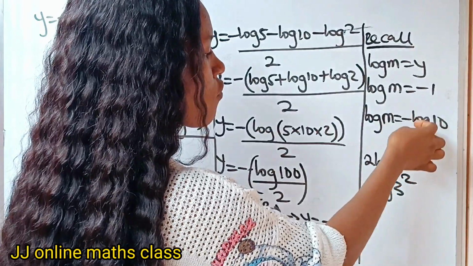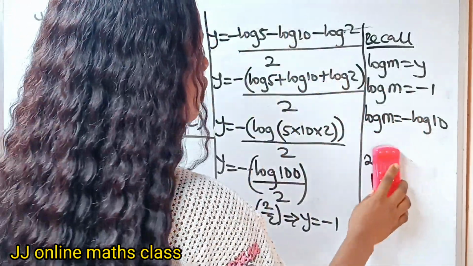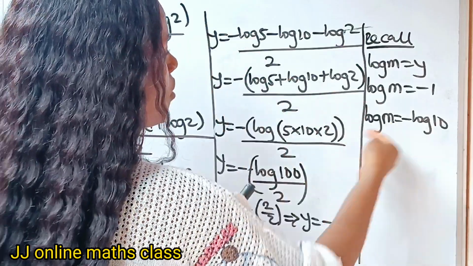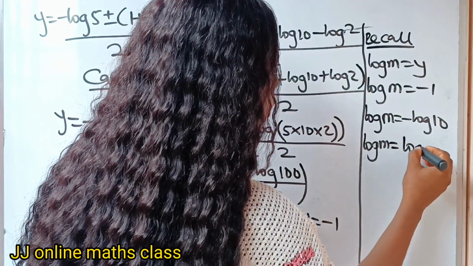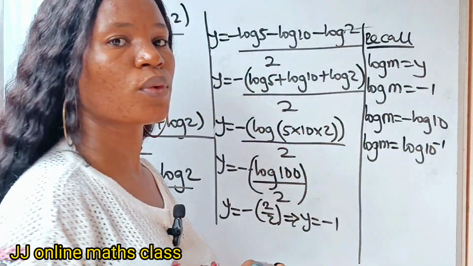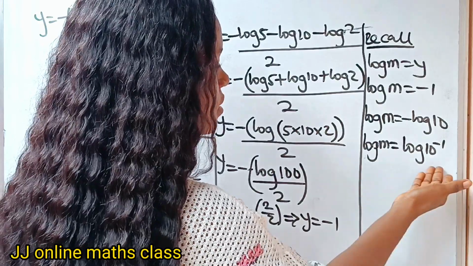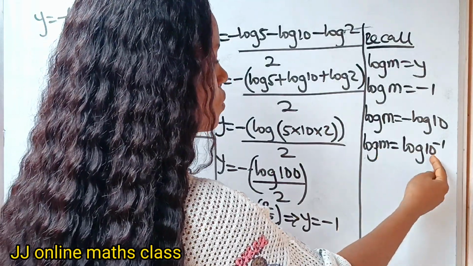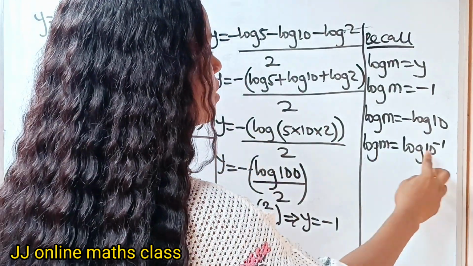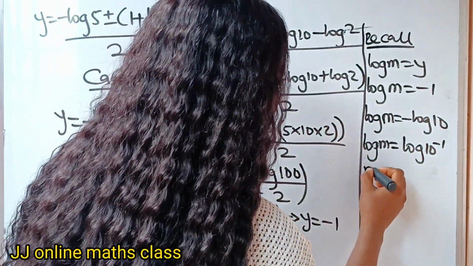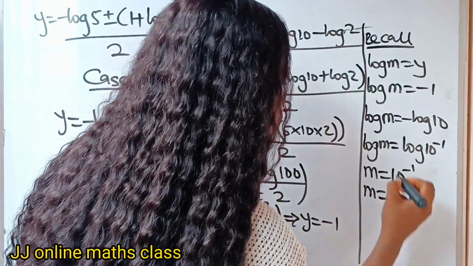The coefficient of what we have here is minus 1, even though the 1 is not written. So we can rewrite this as log m is equal to log 10 raised to the power of minus 1. Now by comparison, we can say that m is equal to 10 to the power of minus 1. That means m is 0.1.